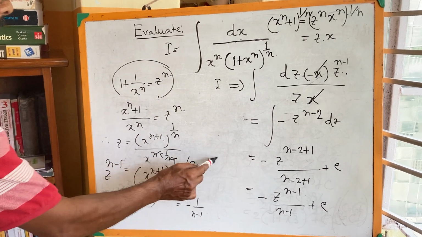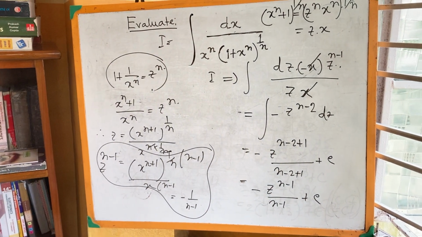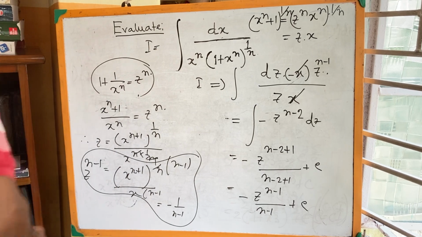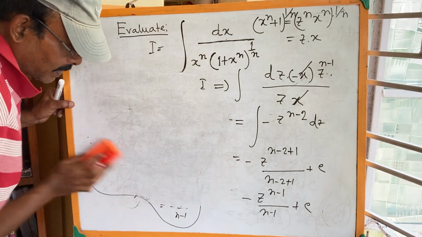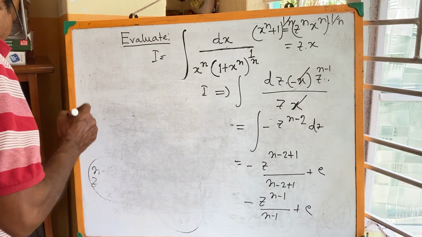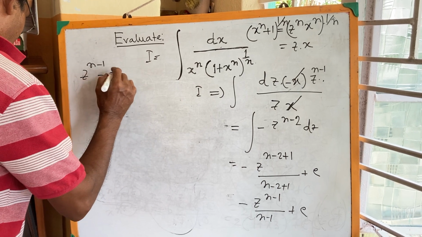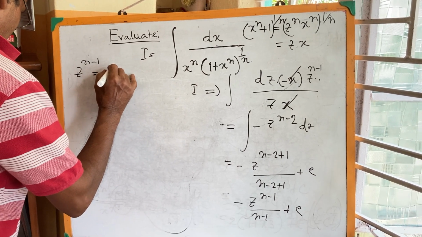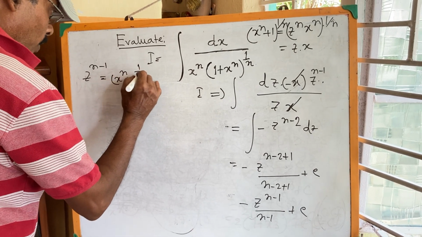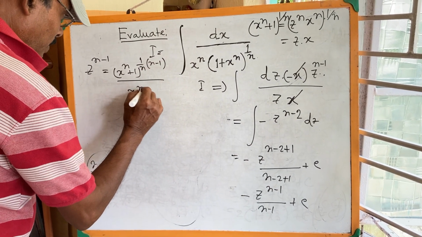Now, from this step, if we substitute this, we get the result z to the power n minus 1 equal to x to the power n plus 1 by n into n minus 1 by x to the power n minus 1.